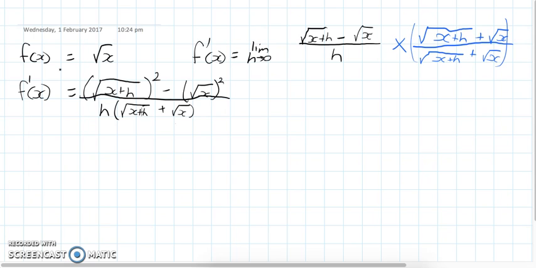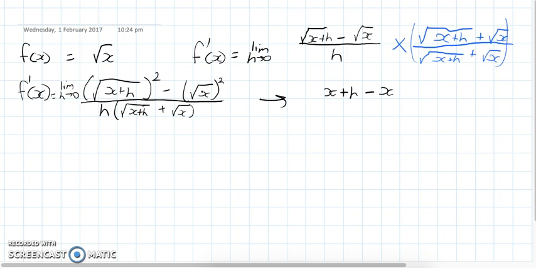And I've forgotten to put the limit in again, so let's go back and fix that. Alright, so this is going to turn into something that looks a little bit like this. x plus h minus x.